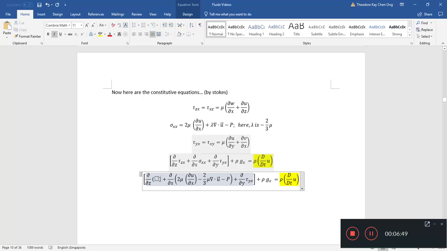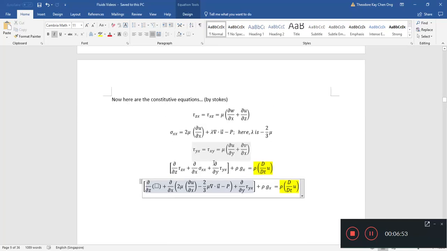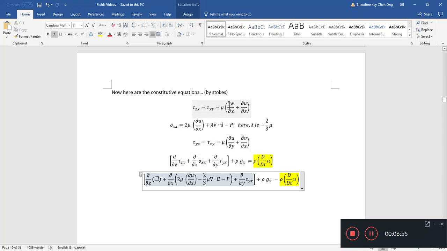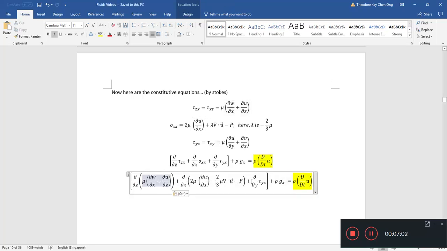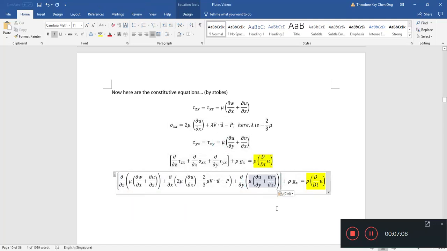Here will be this. That's tau zx. So I'm just going to copy and paste this in. It's just normal substitution, nothing more than that. Tau yx is just this.